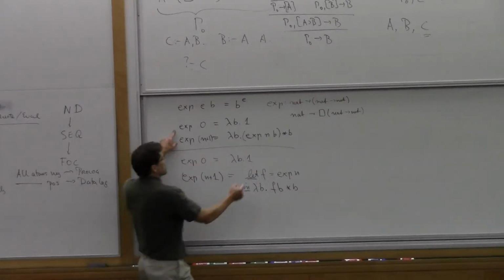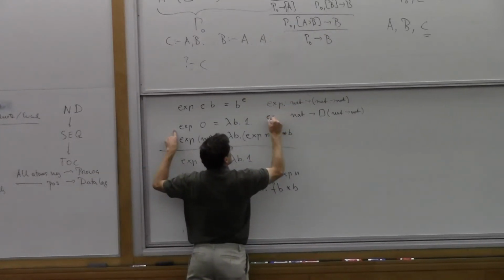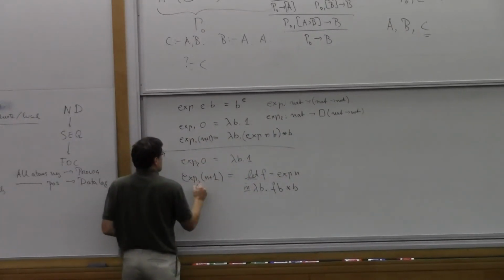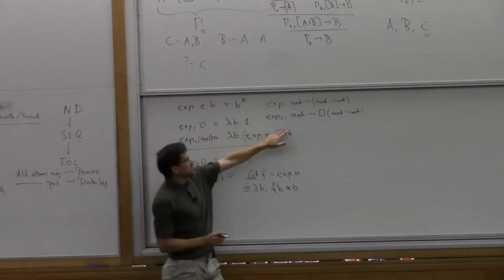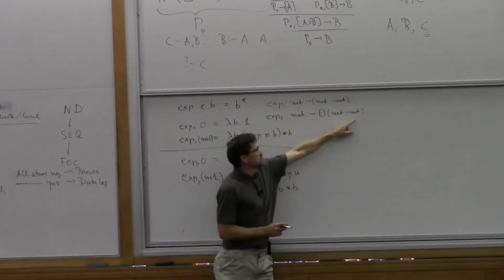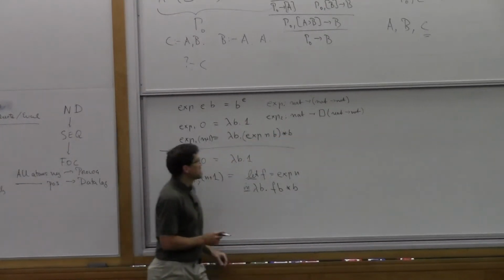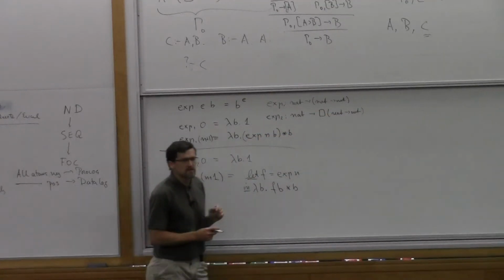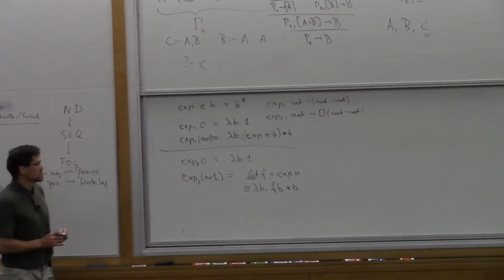So this one would be the first one. And we somehow want to arrange that this will be the first one, this will be the second. The second one has this property. We take a natural number and we build some residual code for a function from nat to nat. And the second one, well, we take a natural number, then another one, and we return you the answer. We want to distinguish between the two.